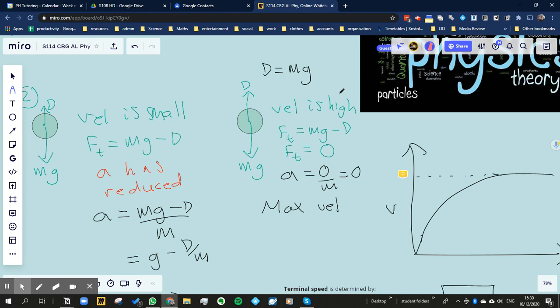It's not going to speed up. It's just going to go at whatever speed it's going at. So it was already moving when the forces started cancelling each other out. So it just carries on moving at that speed.